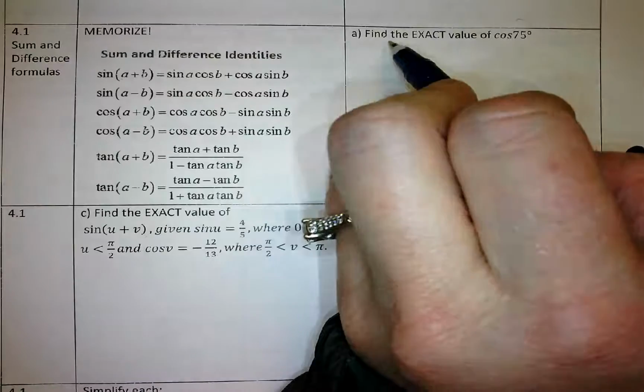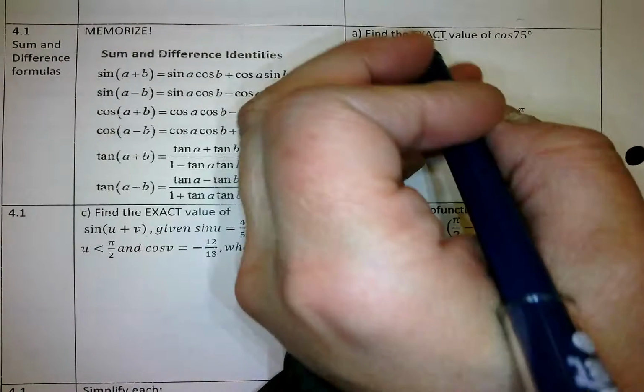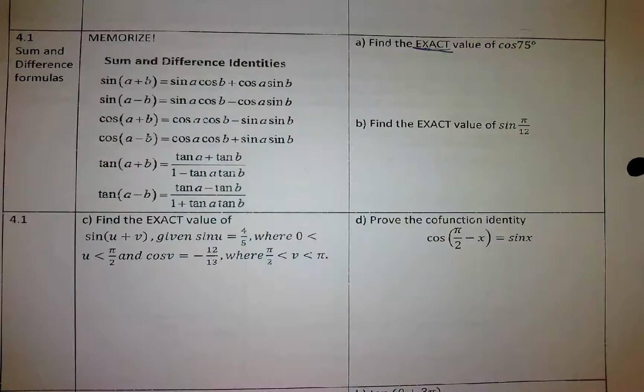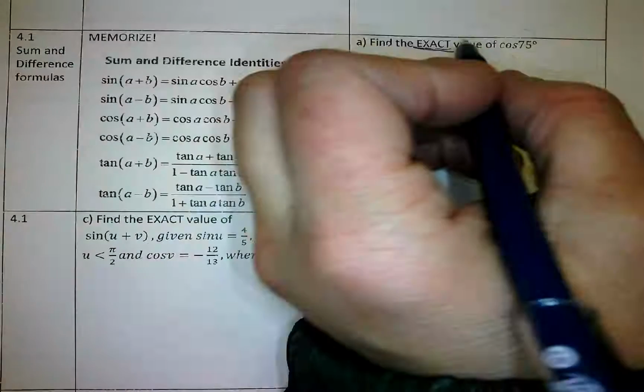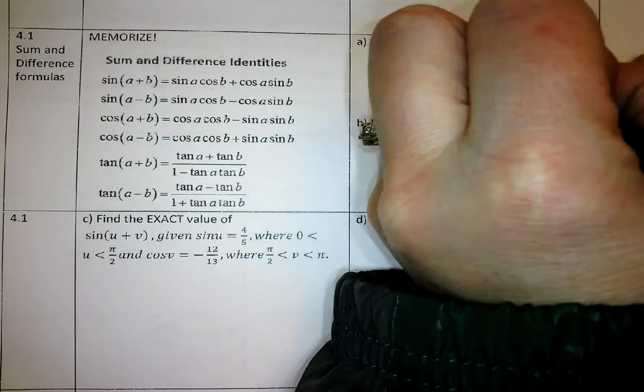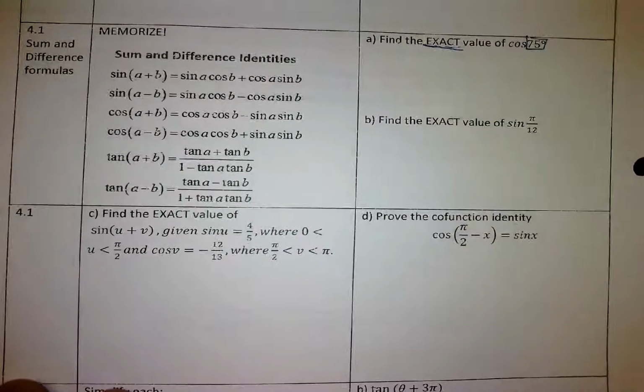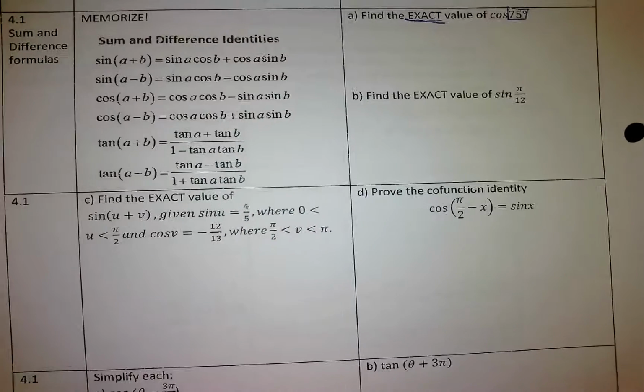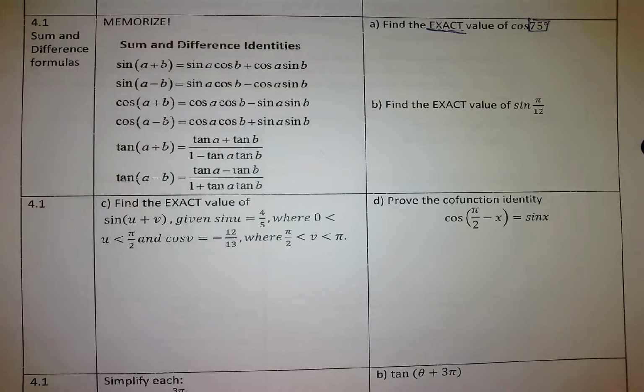So to solve one of these, it says find the exact value of cosine of 75. So yes, we could plug this into our calculator and find an answer, but we don't want to do that. We are starting to deal in exact values. So for this one, to find cosine of 75, thinking about our unit circle, we do not know any angle measures or the value of x for the angle that is 75 degrees.